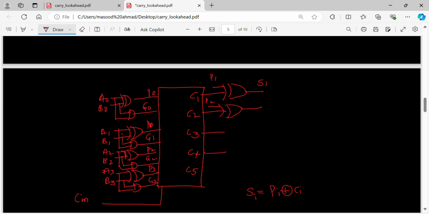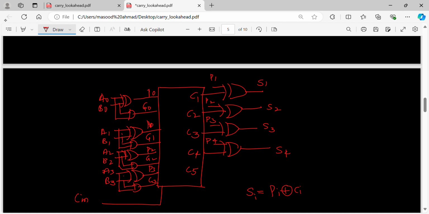S1 is P1 XORed with C1. Similarly, I take another exclusive OR gate where it is P3 and C3, which gives S3, P2 and C2 gives S2, and P4 and C4 gives S4.